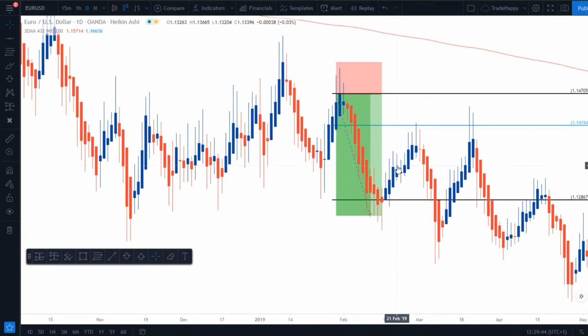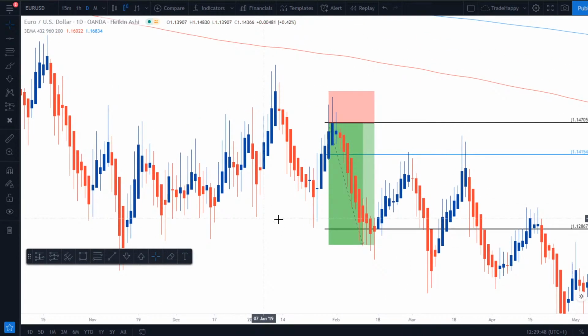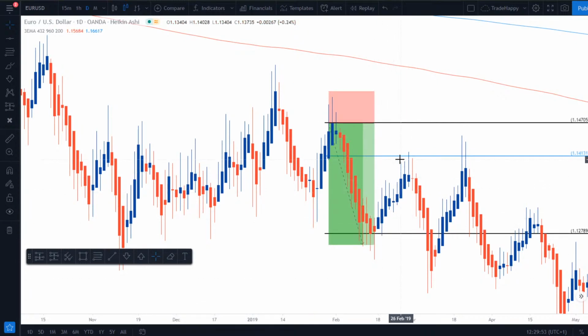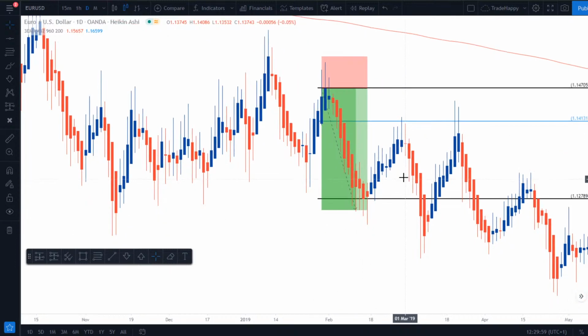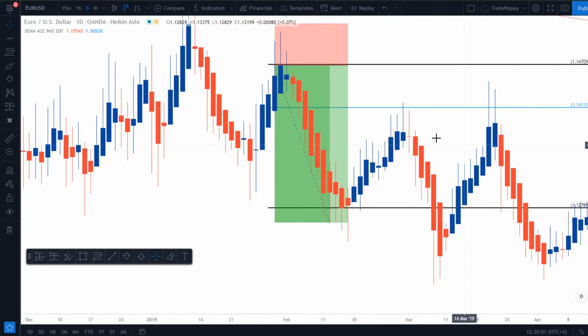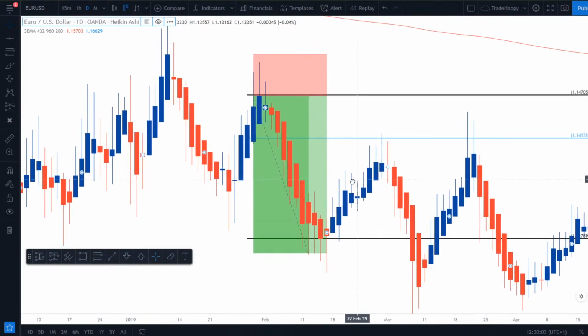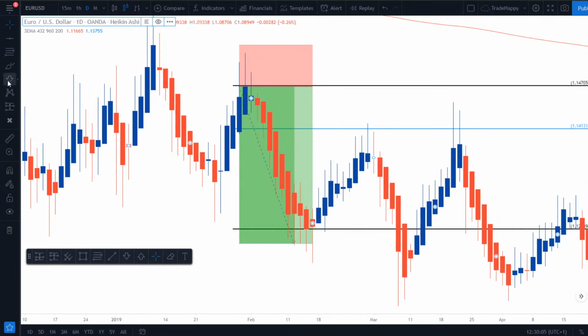So we've taken that trade and we've had a little retracement up in here. You could trade the retracement up into this area here, but you've just taken a trade. So you could do it, you could not. I mean, I probably would, just because it's on the daily chart.